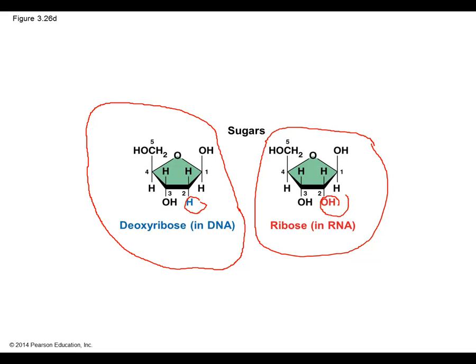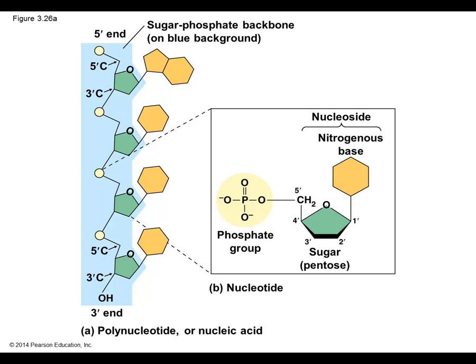The sugar's carbons are numbered. In fact, they're given a prime number, 1 prime, 2 prime, etc., when you build them into a nucleotide. So adjacent nucleotides are joined by covalent bonds that form between the OH group on the 3' carbon with the phosphate group on the 5' carbon.